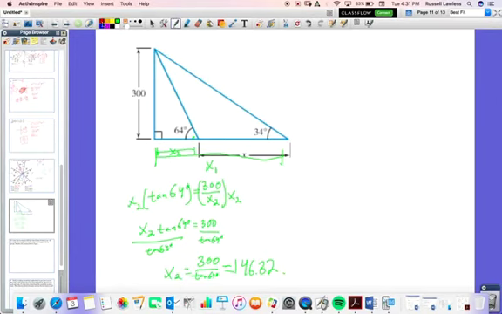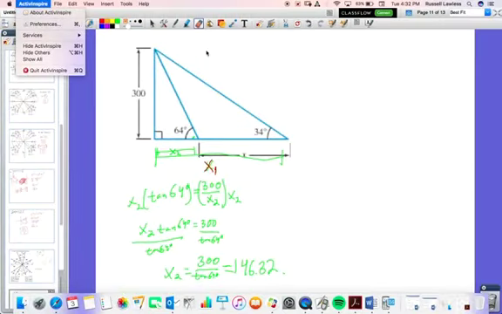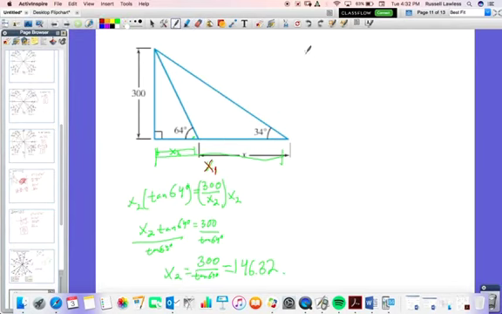Now let's solve for x sub 1. If I'm looking for x sub 1, now I'm looking at the big triangle. From this big triangle, I'm going to have the tangent of 34 degrees, because I'm looking at this angle here.